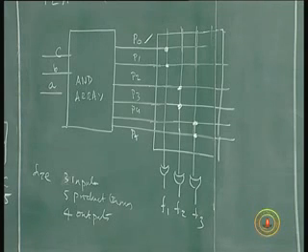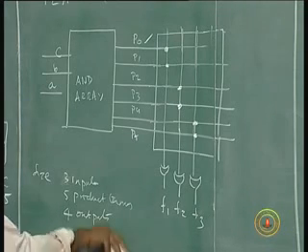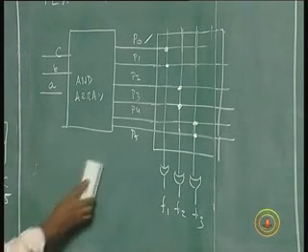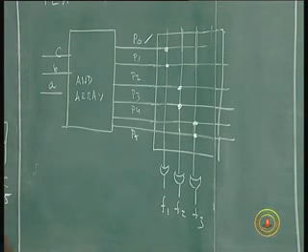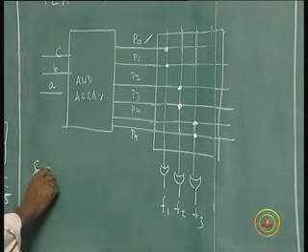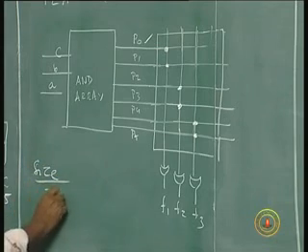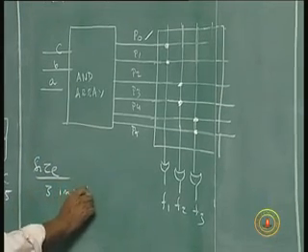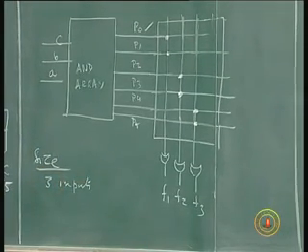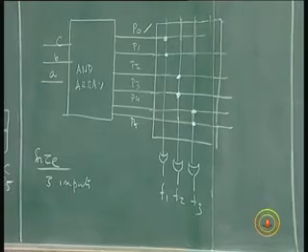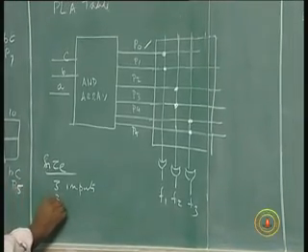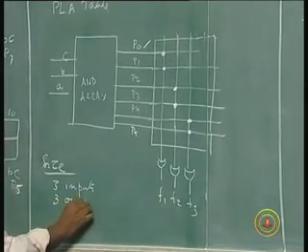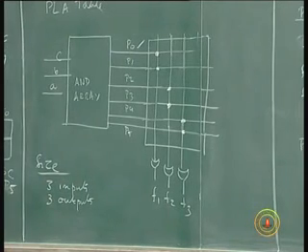So how will you define the size of this? The size of this should be defined a little more carefully. Size should be 3 inputs, four outputs or 3 outputs. There's no contention on these inputs and outputs.